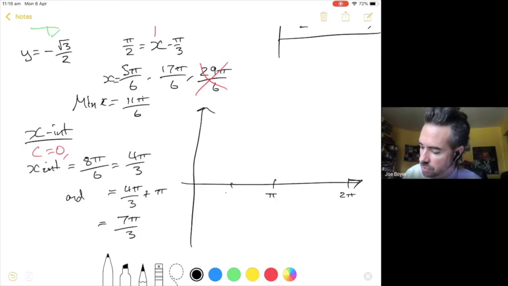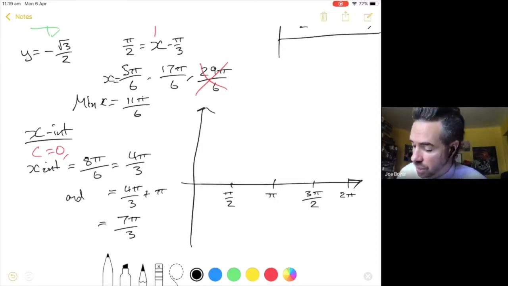I pretty much always label these points: the quarter point, the half point, the 3/4 point, and the full period. What I'm saying is I always do this even when the period's not 2 pi, or even when the end value might be different, or the phase shift might be different.